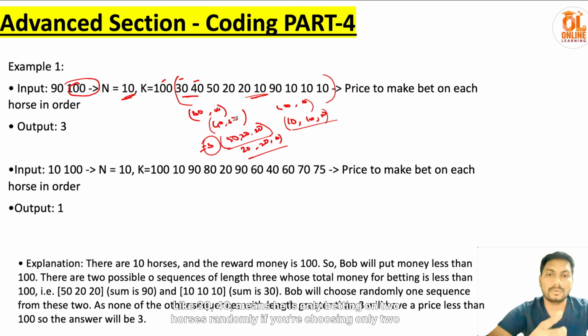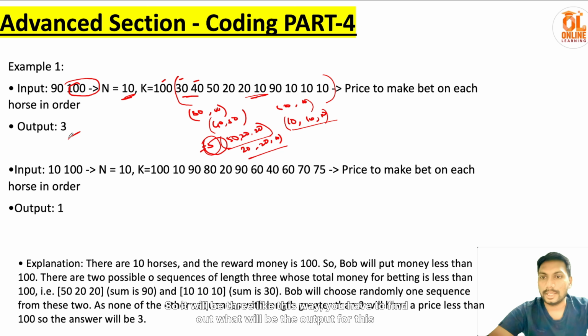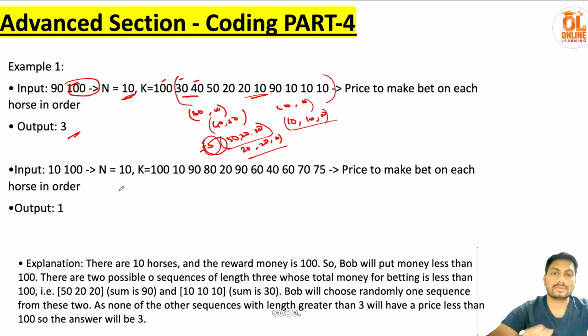But if he's betting on a maximum of 3, the probability of Bob winning is increasing. So that's why the maximum possible is the set of 3. So the output will be 3. Like this way we have to find out what will be the output for this code.